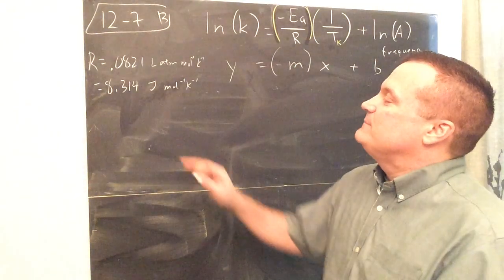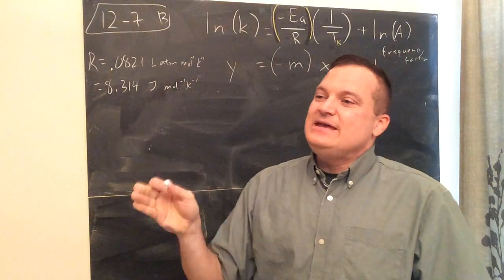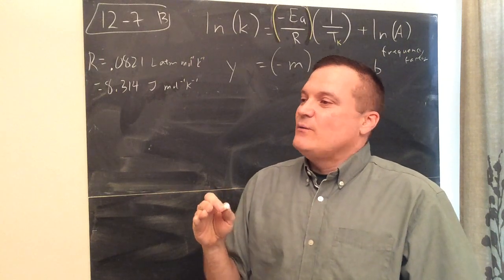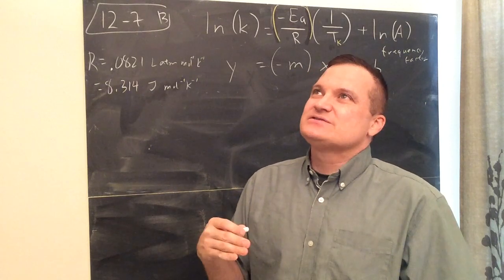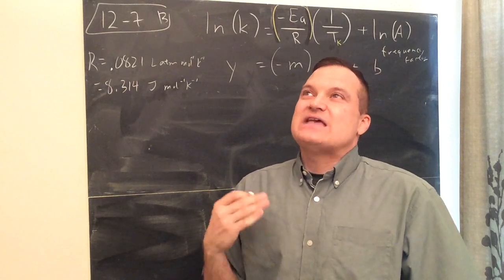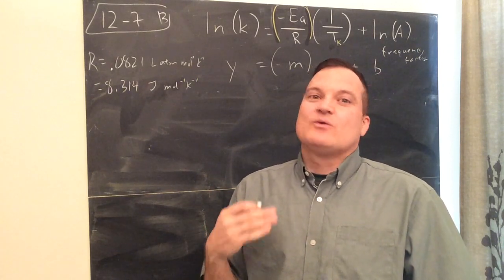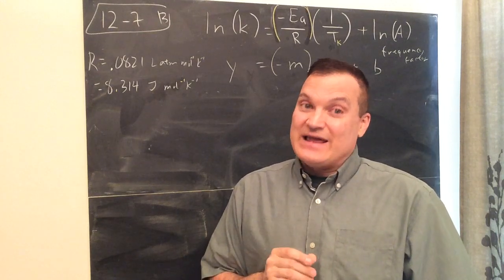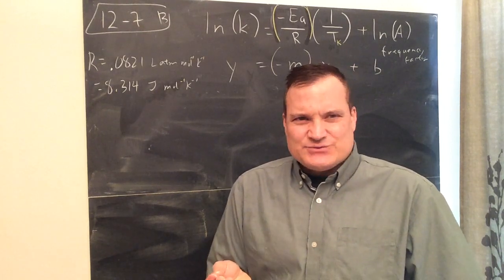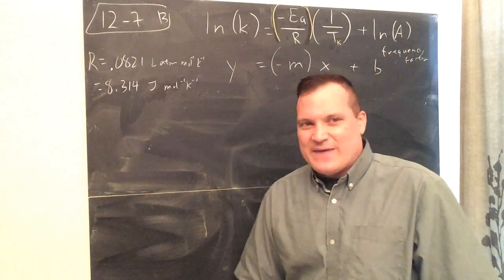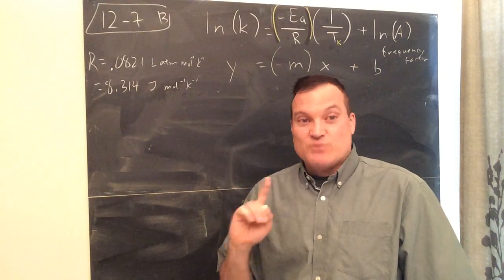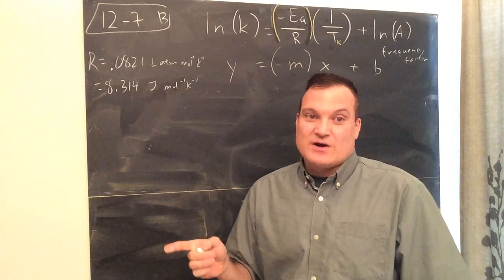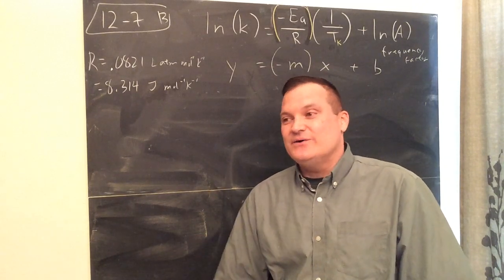Well, it turns out in PV equals nRT, P times V, pressure times volume, atmospheres times liters, liter atmosphere is a way to measure work and energy, believe it or not. You have to look at physics to know why. You don't have to worry about it. But liter atmosphere measures work. Joules measures work. Calories measures work also.